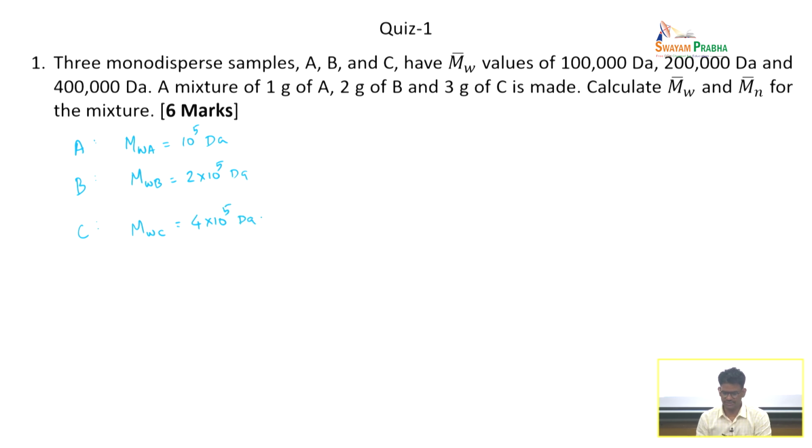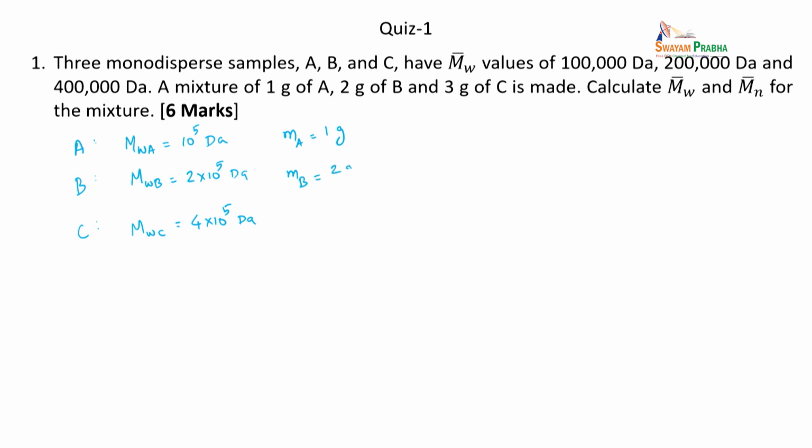Okay, this information is given, and the mass also is given. Mass of A is 1 gram, mass of B is 2 grams, and mass of C is 3 grams.